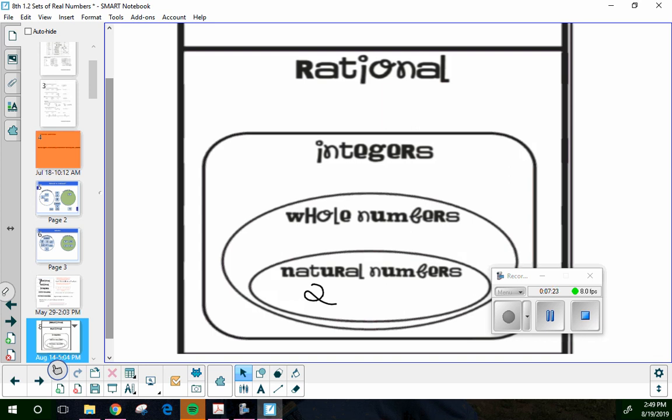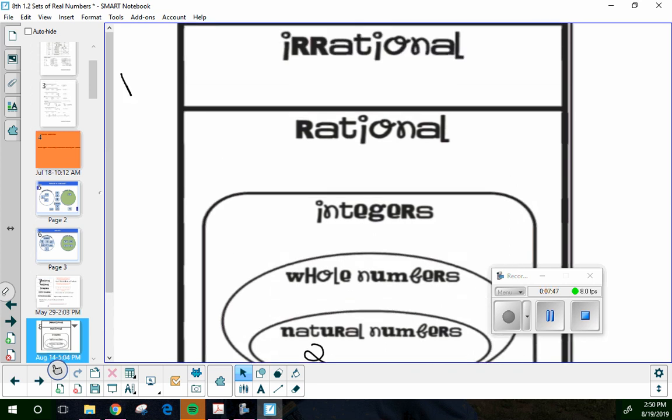If you put a number here, a 2 is natural. It's also a whole number. Is 2 a whole number? Yes. Is 2 an integer? Integers are positives and negatives. Yes. Can you make 2 a rational number? Yes. So the best description of 2 is a natural number, but it is also whole, integer, rational, and all of these numbers are real numbers.